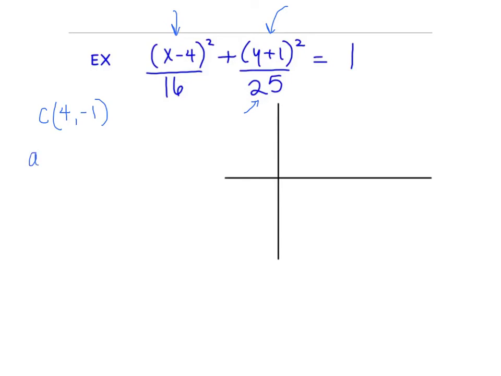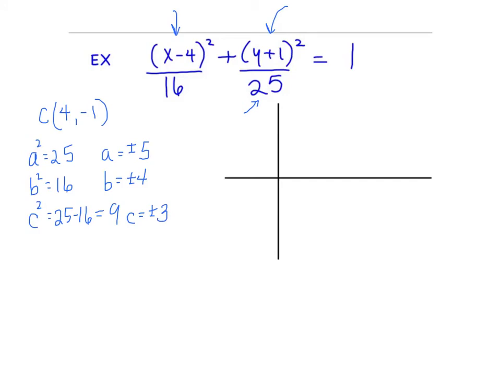So once again, a squared is 25. B squared is 16. C squared is going to be 25 minus 16. You don't have to write it, I mean, you can see it from here, but that's 9. So a is plus or minus 5, b is plus or minus 4, and c is plus or minus 3.